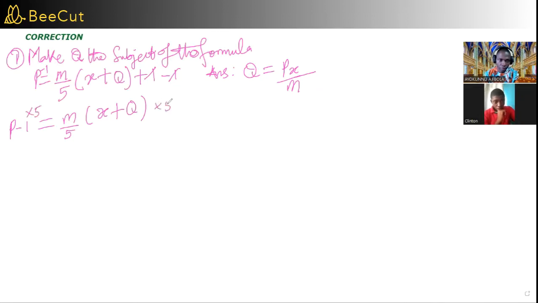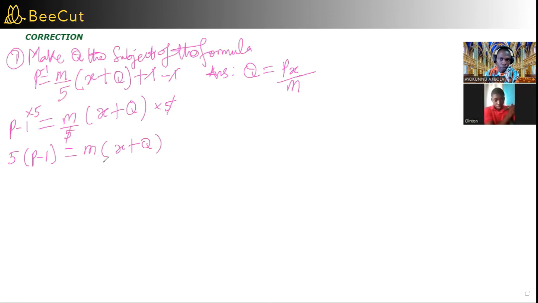I want to eliminate 5, and it's 5 that is dividing what is above. So 5 cancels 5. Then I have 5 times my P minus 1 that is there, then equal to M into X plus Q. Are you following? Yes, sir.